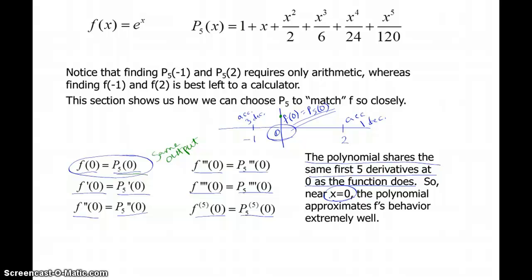This says that at x equals 0, they had the same slope. Same slope. This says that at x equals 0, they had the same concavity. Do you see what we're forcing to happen here? We have the same output, the same slope, the same concavity.